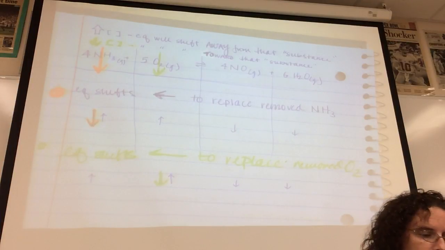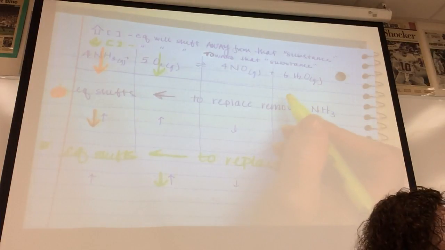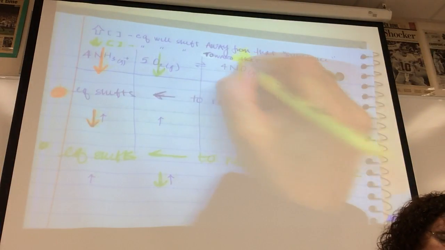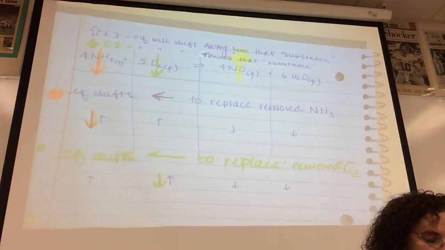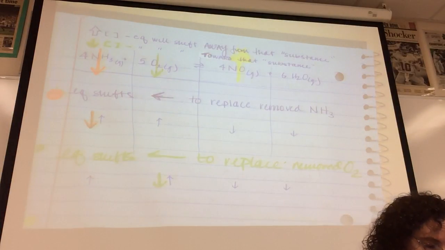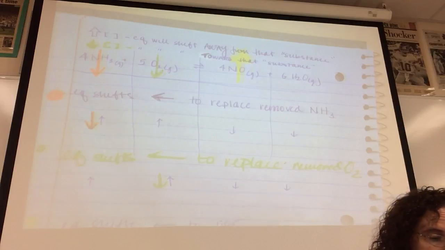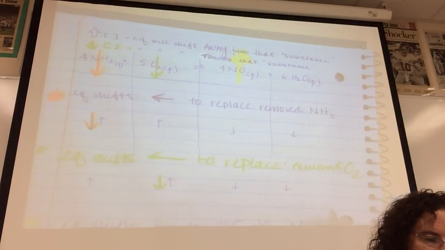And the last one says, if NO increases, equilibrium, I'm not going to write in yellow, you won't be able to see it. Equilibrium shifts also to the left to use, not use all of it though, use the NO added, or you can keep your grammar the same.